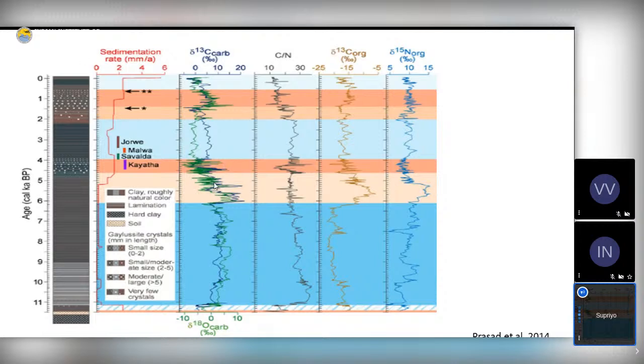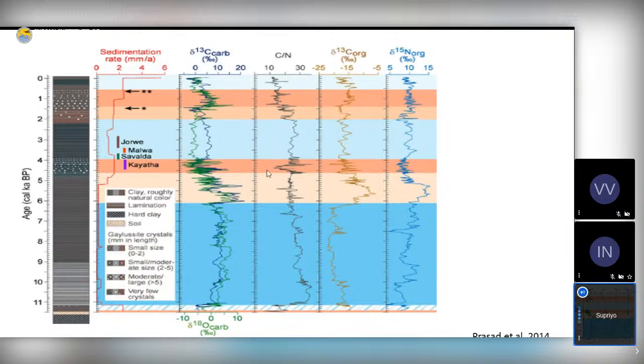So according to these authors, this enrichment in delta 13C, and based on other parameters also, they infer that this was a dry phase. This orange shading represents the appearance of a dry phase, and here is also another period, about 2.5 to about 0.5 kilo year ago, where another dry phase has been identified.